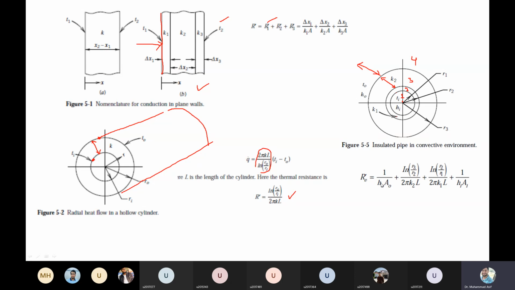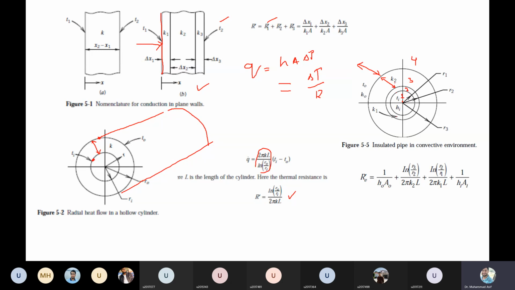You know that heat transfer in convection, let's say Q, is basically H A delta T. Similarly, the heat transfer because of the temperature gradient can be written as delta T by R, where R is equal to 1 by HA. So the resistance because of the convection is 1 by H naught A naught.